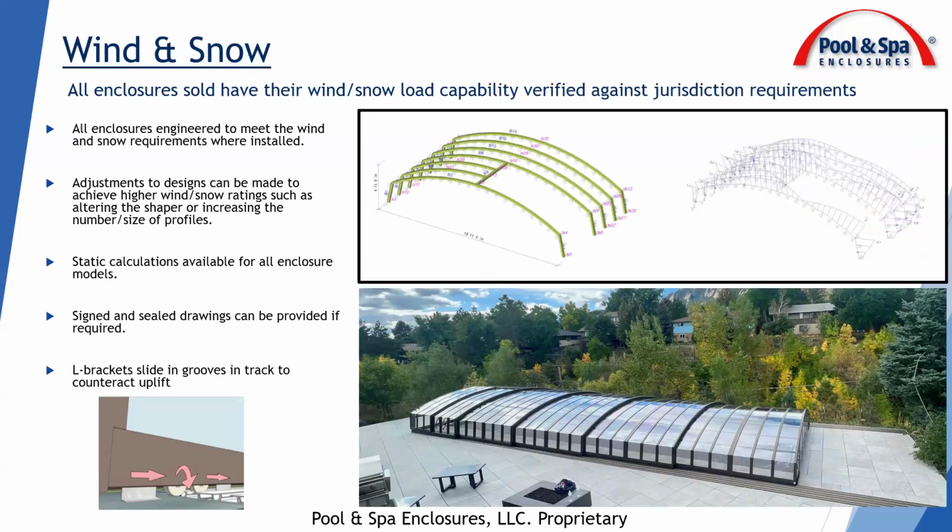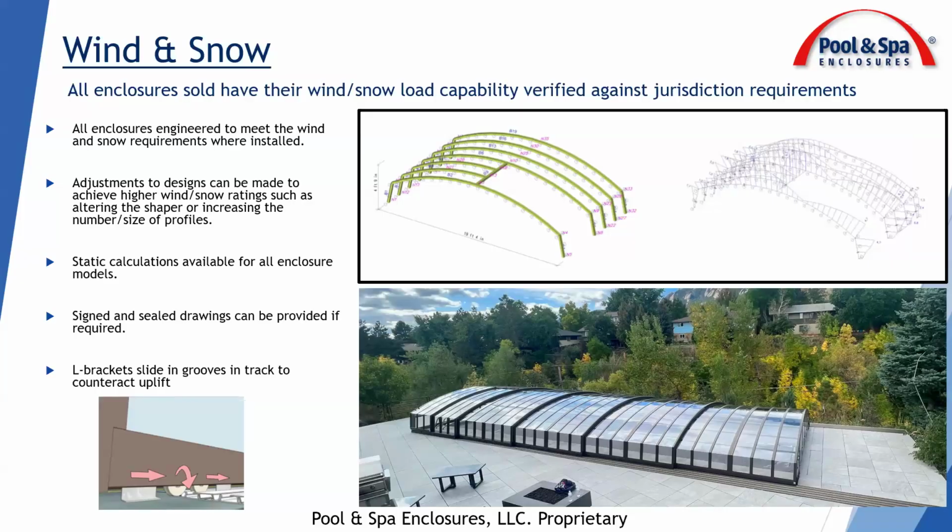This way, we can design, because we have different profile sizes that we use in order to sustain required wind and snow loads, which means this: if you have a particular enclosure, let's say it's 15 feet wide versus one that's 35 feet wide, we're going to use different profile sizes in order to span that free-spanning distance to sustain whatever required wind and snow loads are needed. So again, we look at that.